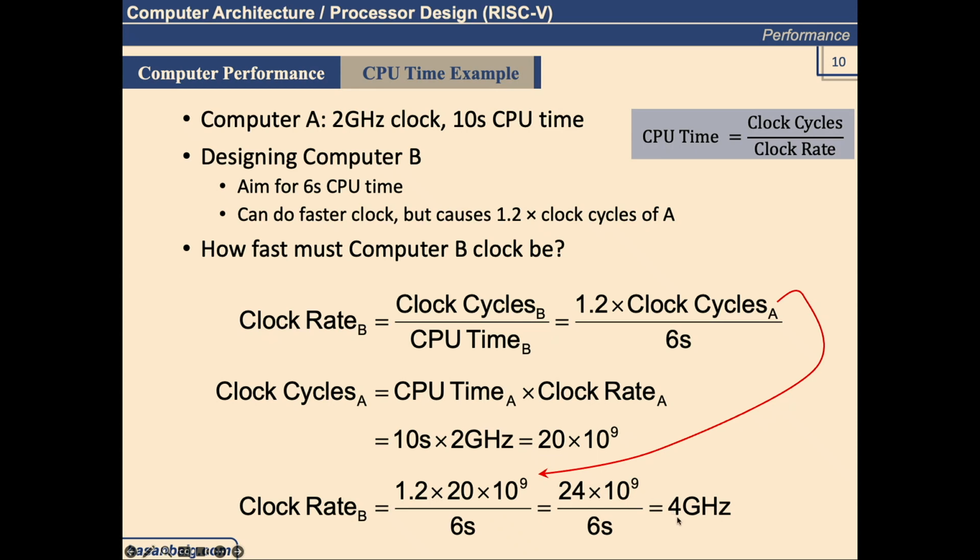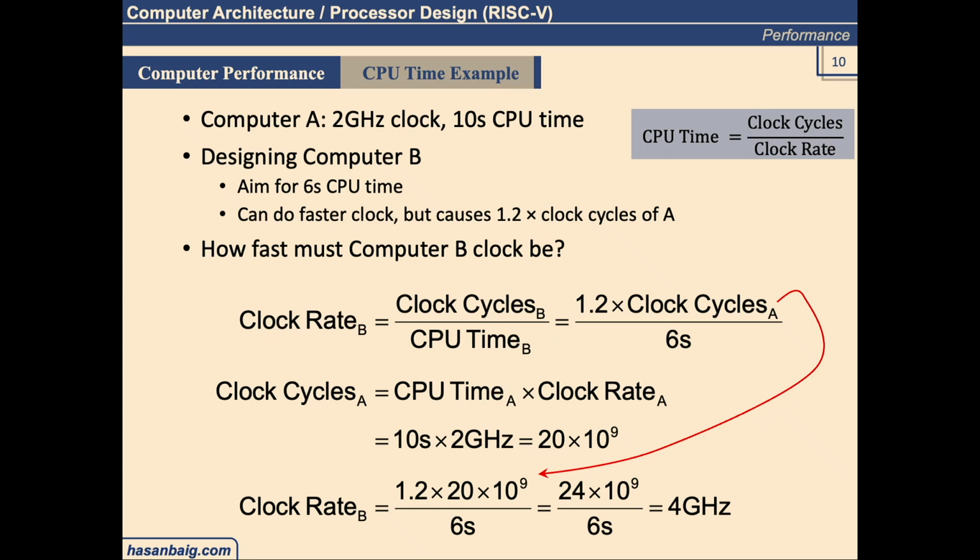The clock rate of computer B is 4 gigahertz. This is simply a word problem, and you just need to extract the information and apply the formula. This is the first formula that you have studied, and it's pretty straightforward in calculating the clock rate of computer B.